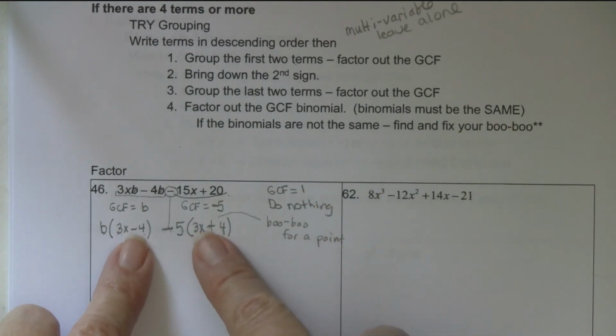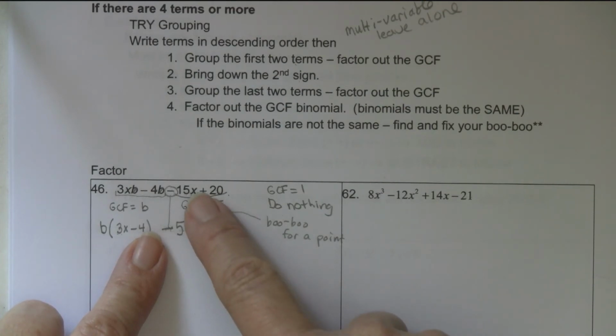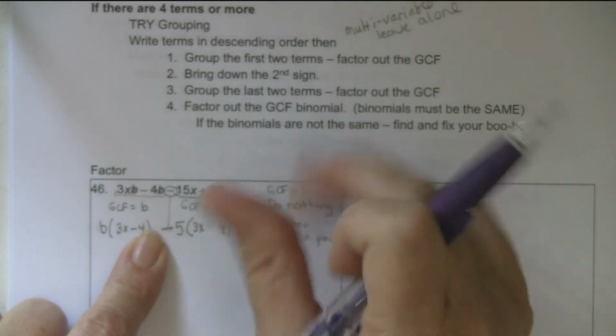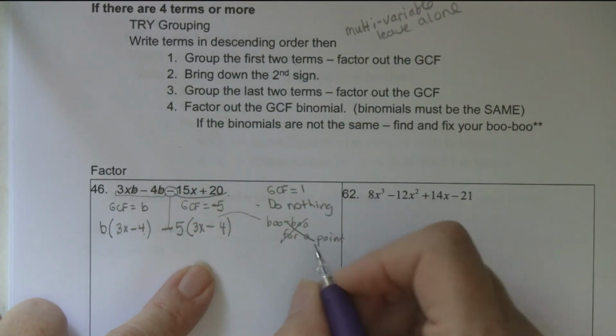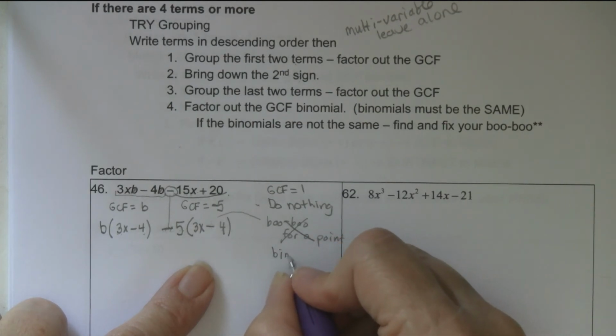And here my binomials are not the same, and so that means that I have a boo-boo. A negative times a positive is not a positive. So this really should have been negative.